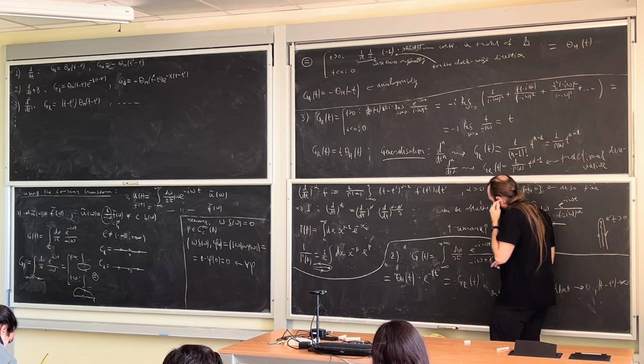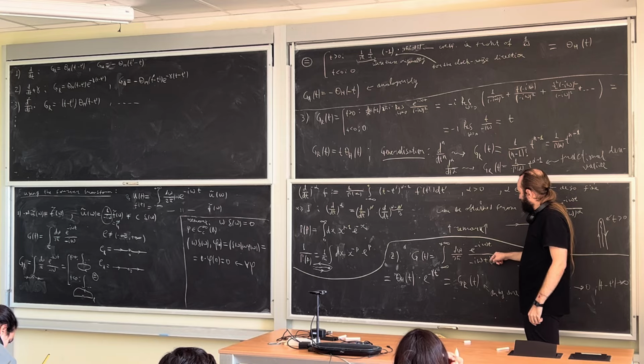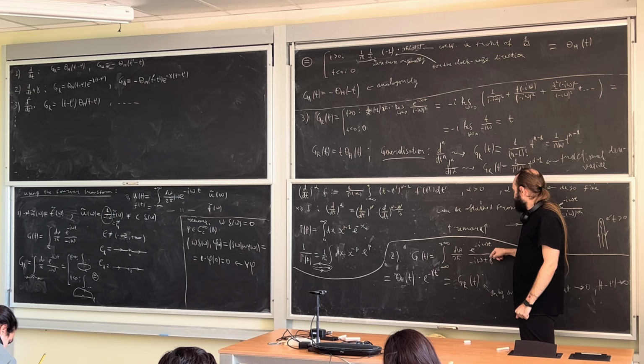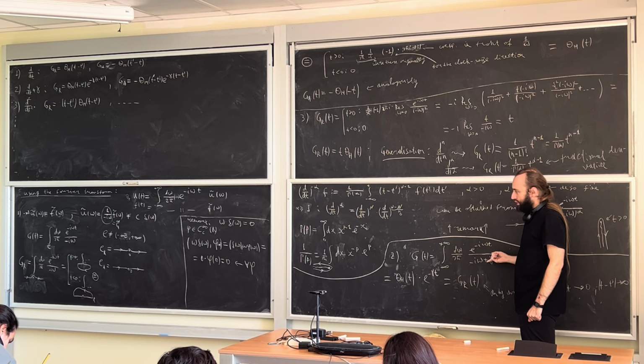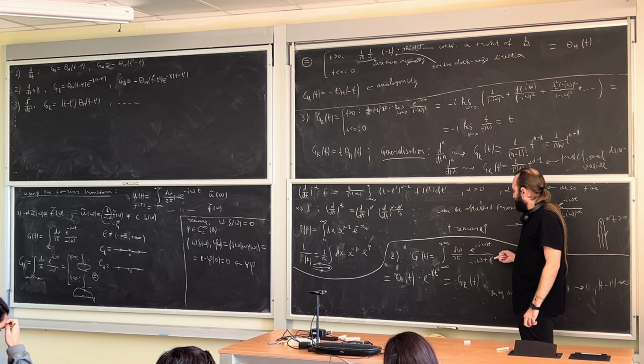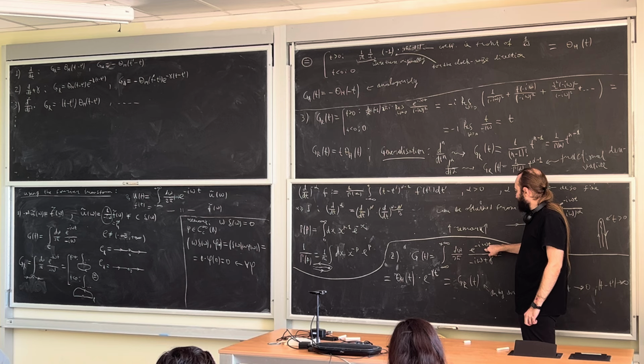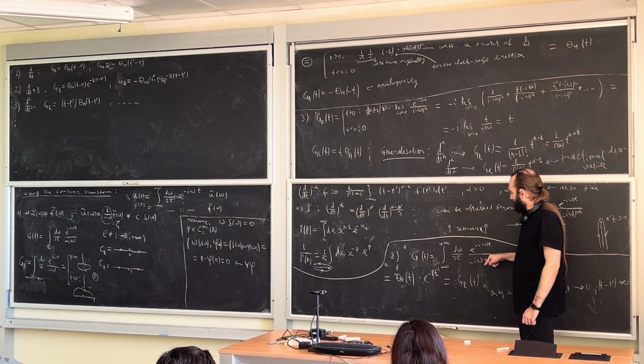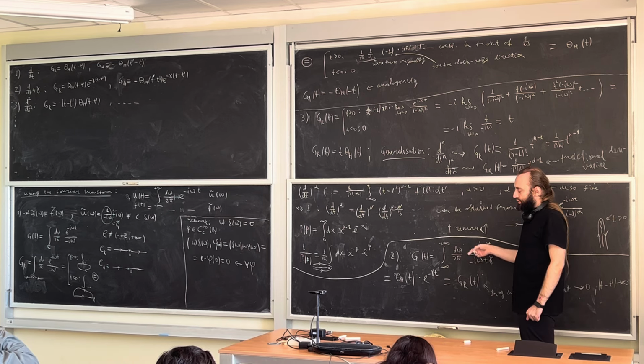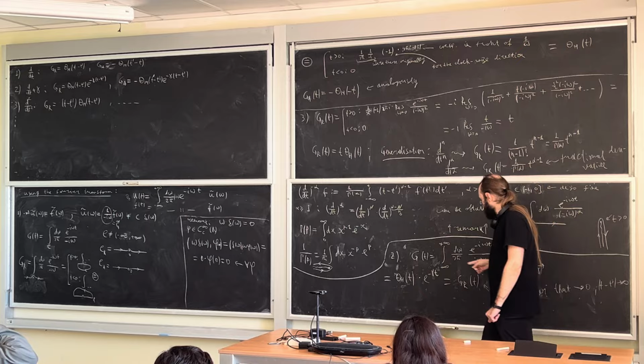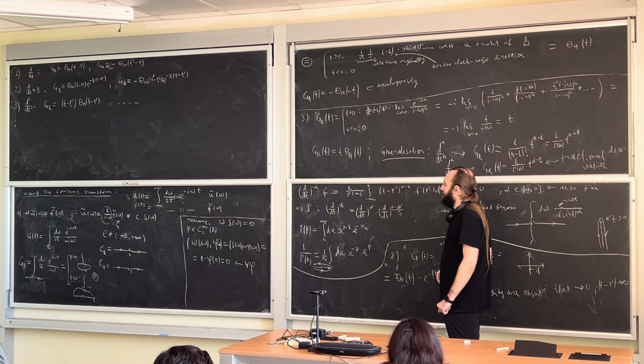Of course, this pole still gives us a solution of the homogeneous equation. In a sense, it gives exponential of minus gamma t, but it cannot enter the green function. There is no second option in this case.